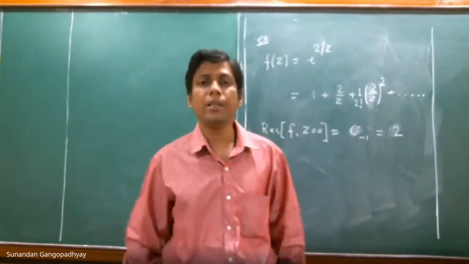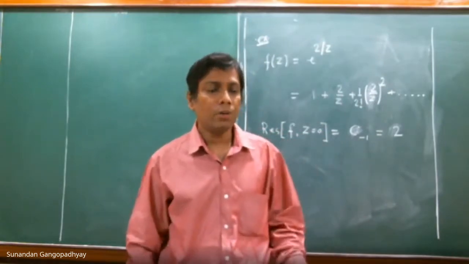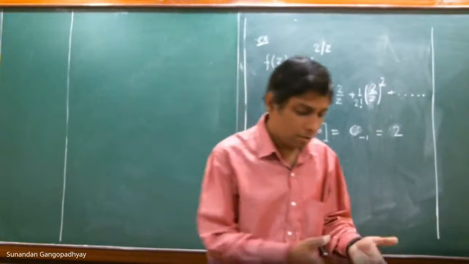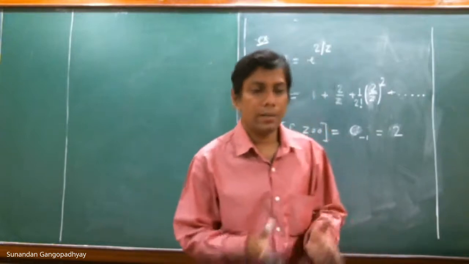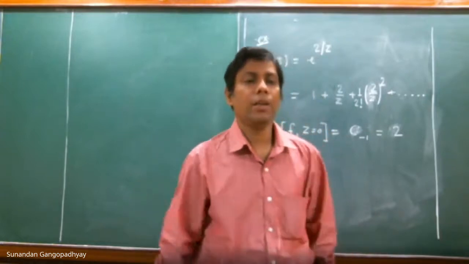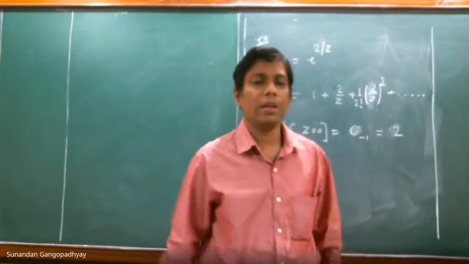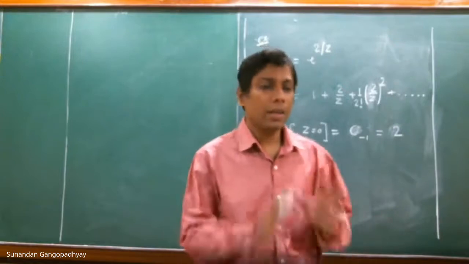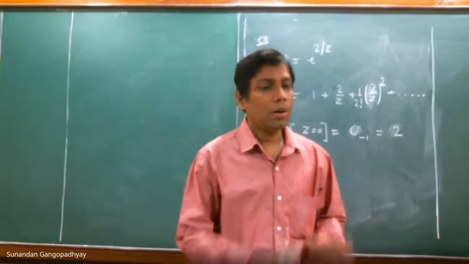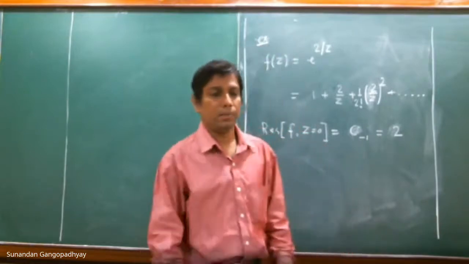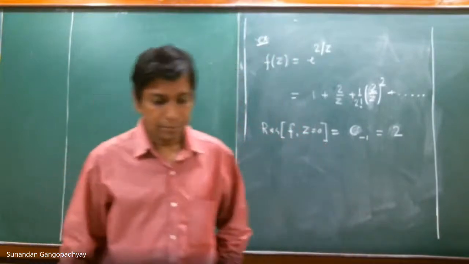Those are the singularities of the function. And then you take each of the singularities and put it in a category, whether it is an isolated singularity, not an isolated singularity, essential singularity, or removable singularity. That is what you have to find.